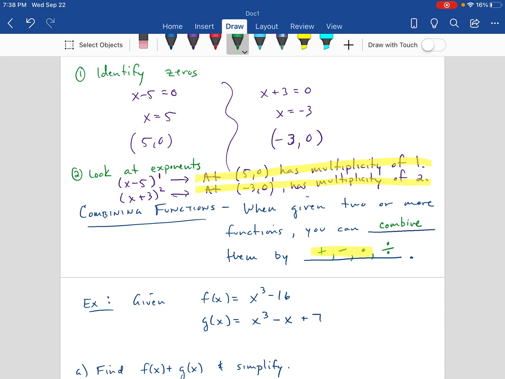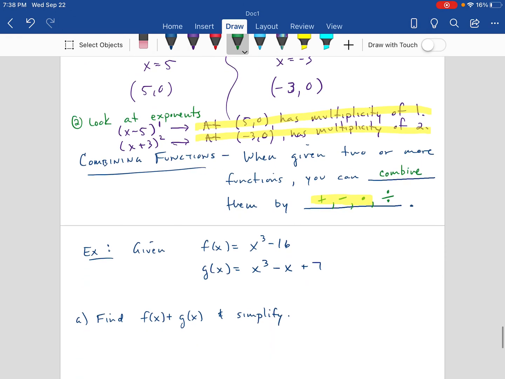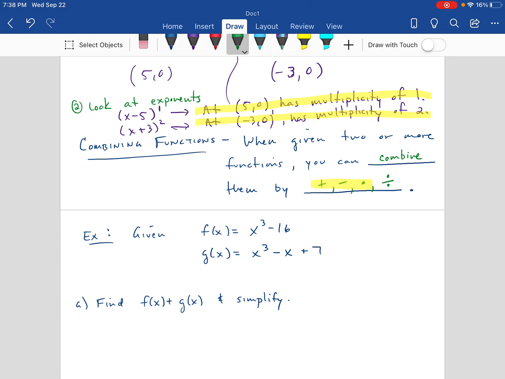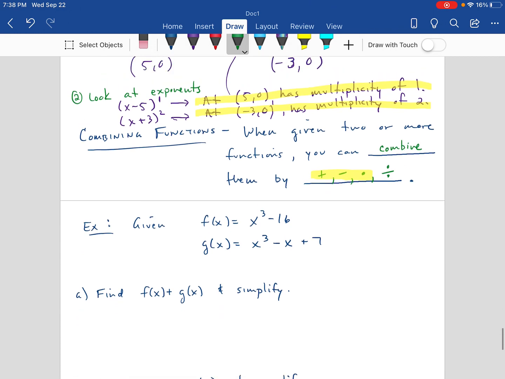Given that f of x is equal to x to the third power minus 16, and g of x is equal to x to the third minus x plus 7, I want you to find f of x plus g of x and simplify that. What I'm going to do is write the two functions, whatever they're equal to, and add them. So I have x to the third minus 16 plus x to the third minus x plus 7.